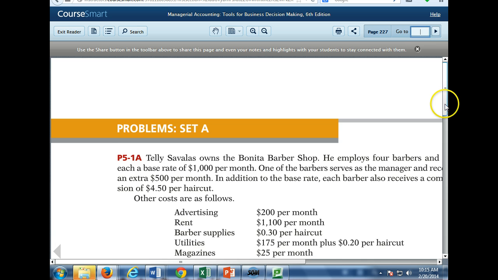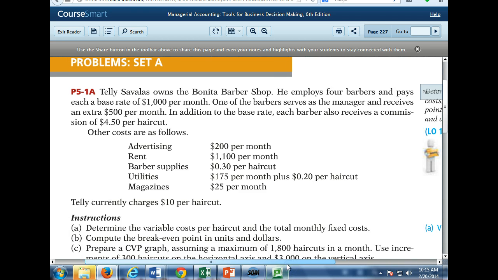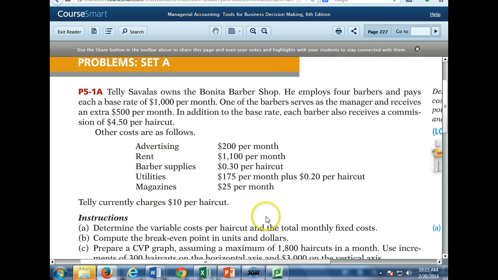Okay. 5.1. Telly Savalas owns the Bonita Barber Shop. He employs 4 barbers and pays each a base rate of $1,000 per month. One of the barbers serves as the manager and receives an extra $500 per month.